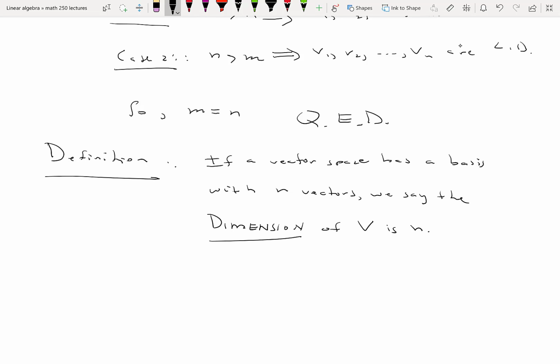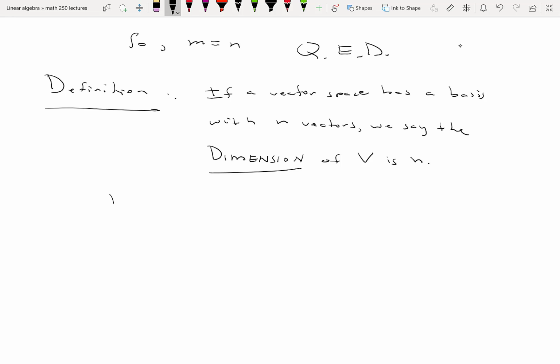So flat space, R2, is two-dimensional because there are two vectors in every basis for R2. The space that we live in is called three-dimensional because every basis for R3 has three vectors in it.